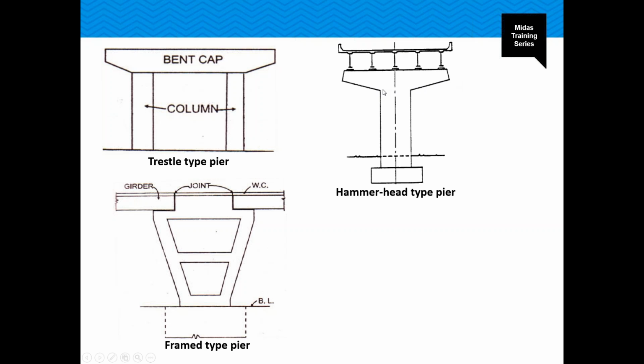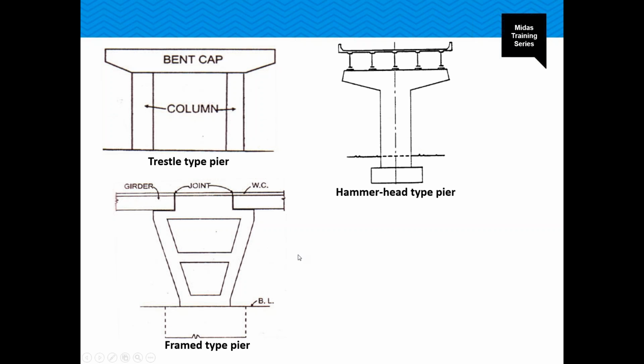This type of pier is generally suitable for elevated highways, and even if they're used in river bridges, they provide minimum restriction of waterway. In addition to the concrete piers, both types, trestle type as well as hammerhead type, can be steel concrete composite sections also.